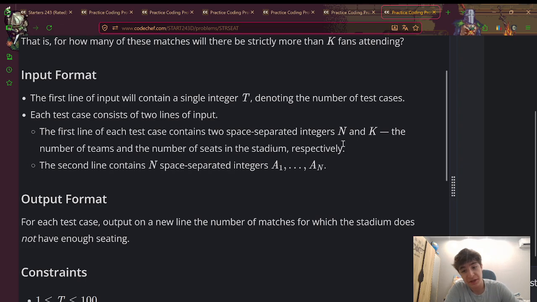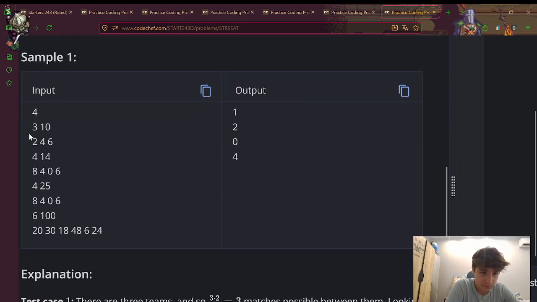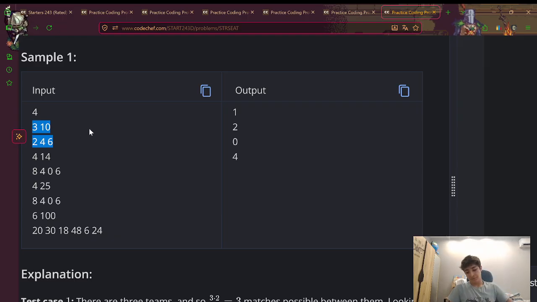Okay, N and K is constant. No, it's not constant. N and K, and then here we go. This test case, this test case, this test case, and this test case. Okay, for example, I go for this test case: 3 10, and then 2 4 6.